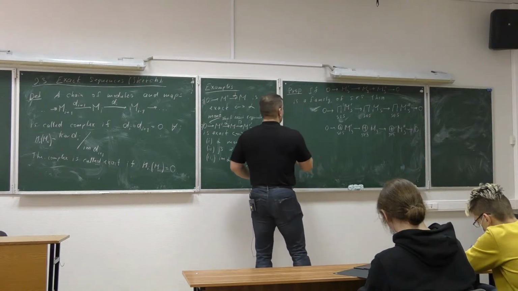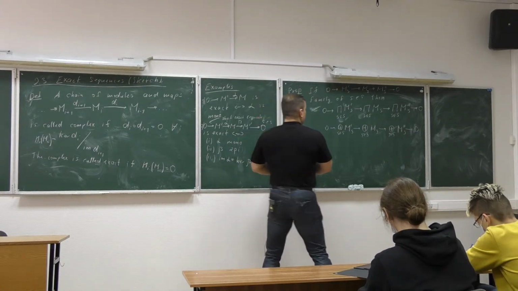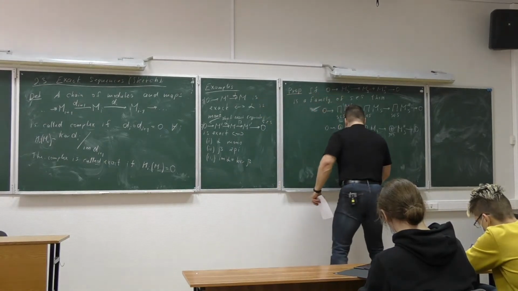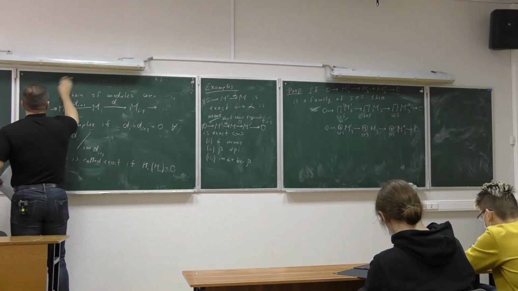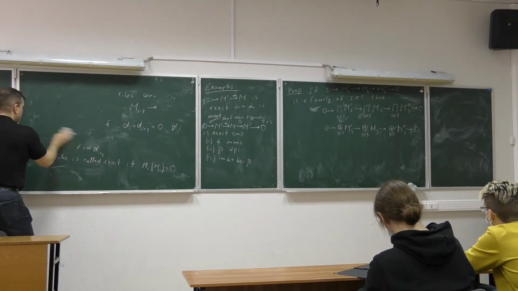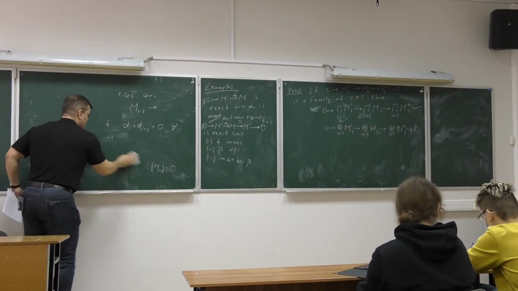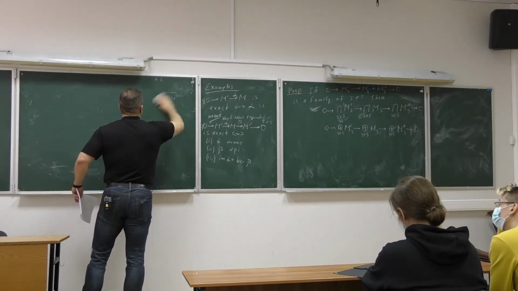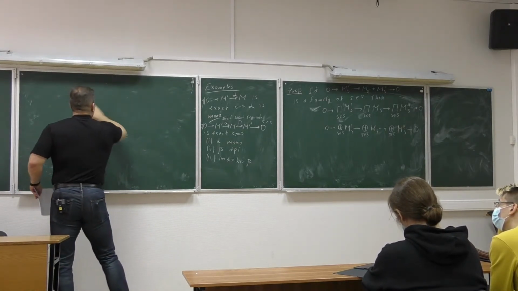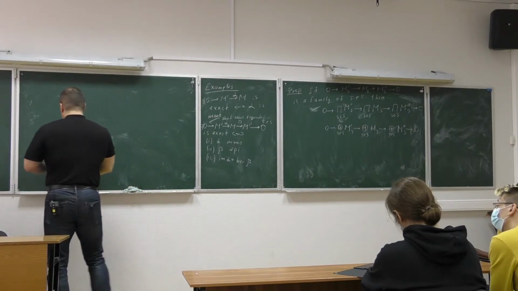Now, the next observation is not so elementary, and I need the large blackboard to write this. I'm not going to prove this, but you can find the proof in any homological algebra textbook and many of the commutative algebra textbooks. For example, in the book by Altman and Kleiman that I recommended, definitely there is a proof of this fact. So this is the snake lemma.